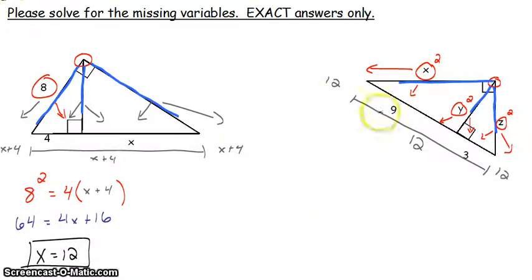So I have three different equations that I can set up here. X squared equals 12 times 9. Y squared equals 9 times 3. And z squared equals 3 times 12.